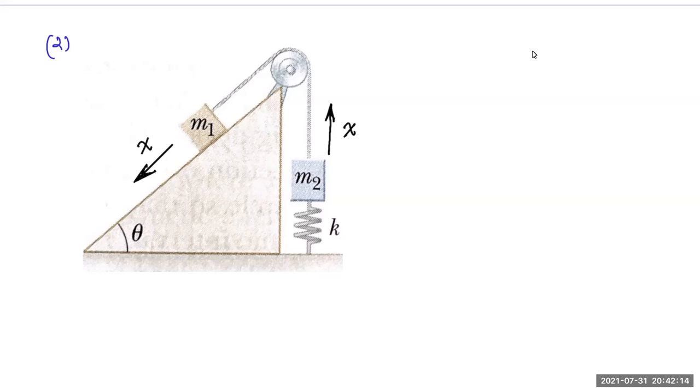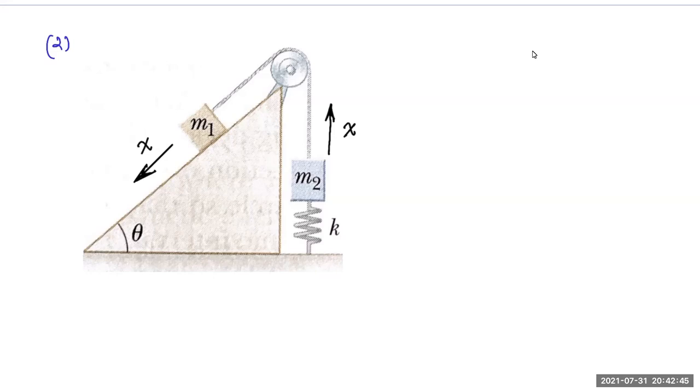Now, assuming that there's no friction anywhere, of course, that's given in the problem statement. There's no friction on the slope and on the pulley. There are two forces doing work: one is gravity, and the other is the force of the spring. Now don't worry about the tension. The tension does work on M1, and it also does work on M2, and these two works cancel out.